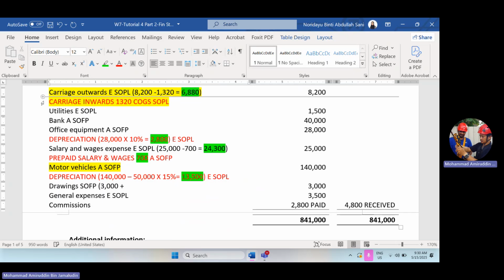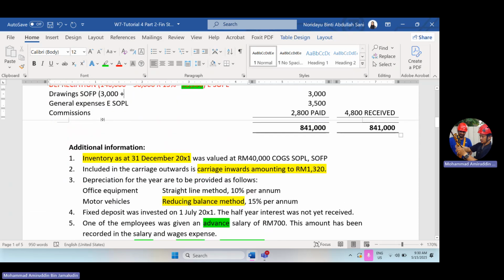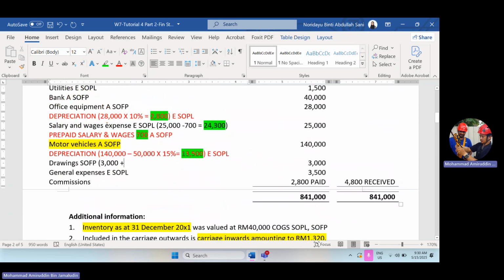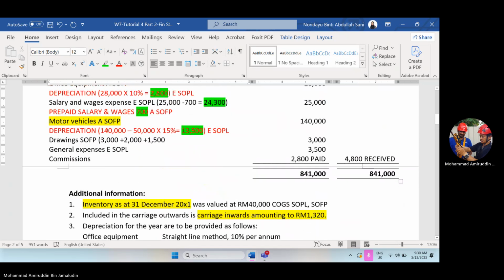Then owner took goods 2,000, and owner took cash 1,500. Okay, so now our drawings 6,500. Not 3,000.